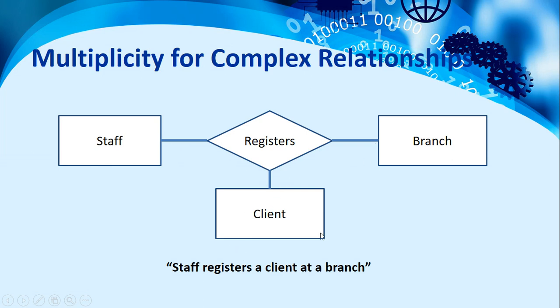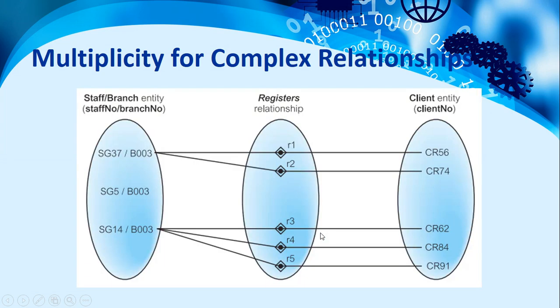It's like this. The first step is to assign which entities you will pair up. In this example we have staff and branch. They were paired. This figure displays 5 occurrences of the registers relationship.